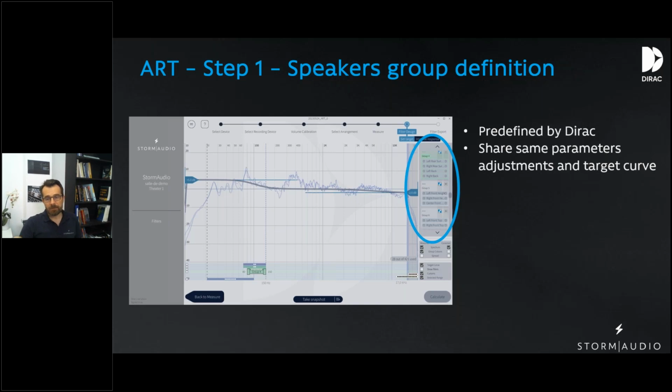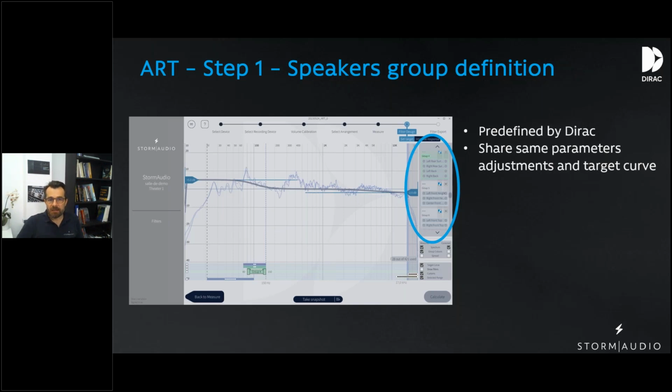By default, following the measurements, the tool will provide you predefined groups. They're usually done through different pairs of groups, like surround back, then a group of tops, etc.